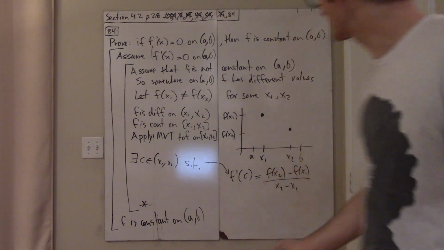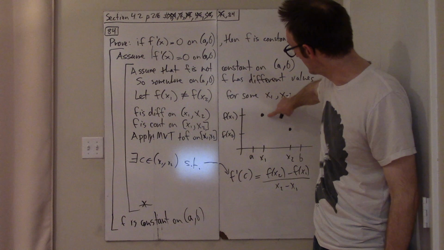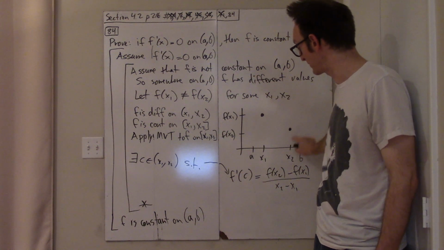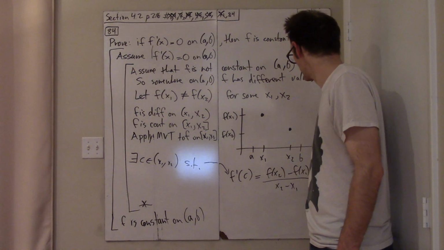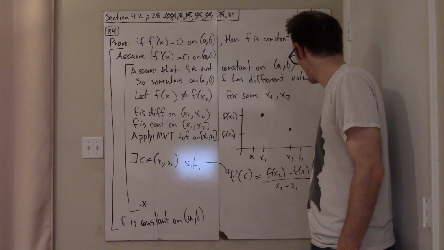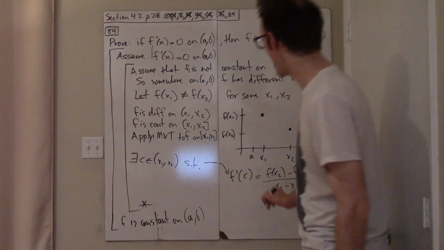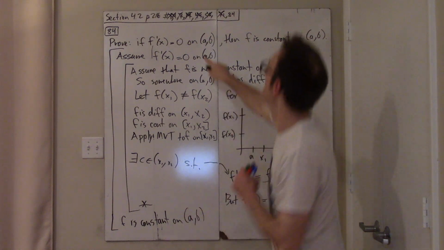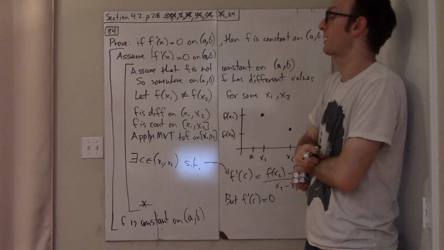But that just can't be, because by my assumption that f of x1 and f of x2 are different from each other, this numerator is not 0. And if this numerator is not 0, then the derivative at c is not 0. But we know that the derivative at c has to be 0 because of our assumption at the very top, that the derivative is 0 everywhere.